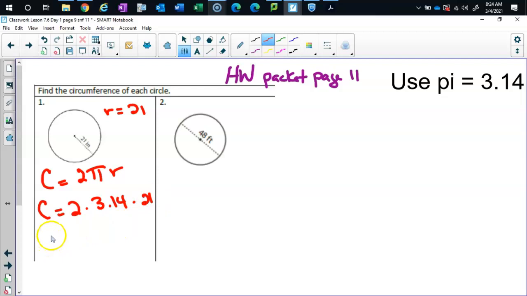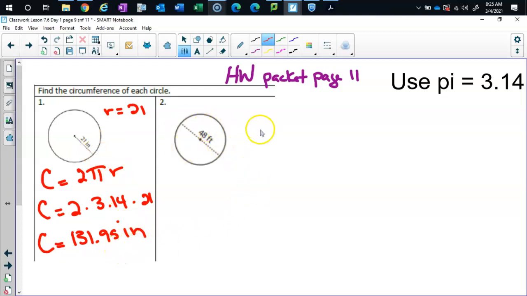When you punch that into your calculator, you are going to get circumference is 131.95, and the label is going to be straight up inches, because remember, circumference is basically the perimeter of a circle. It is just linear.